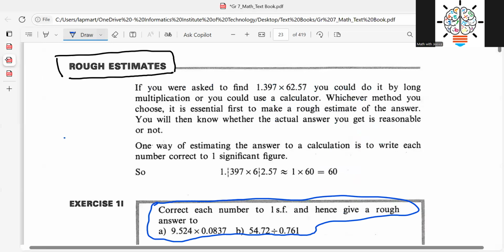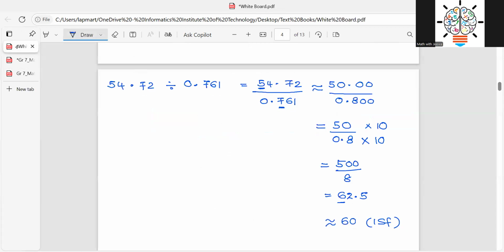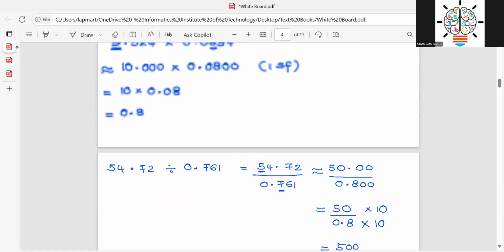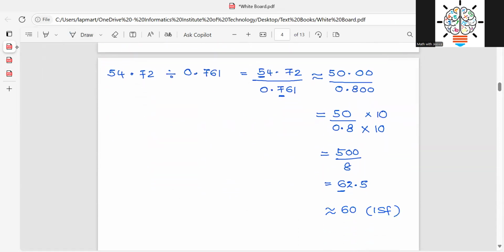So again, to the first significant figure, it becomes 60. So if you come across this kind of thing, you just see the earlier one, straight away I got 0.8. And once you do the calculation, if you get decimals like this or something odd, you correct it to a significant figure and conclude your answer, right?